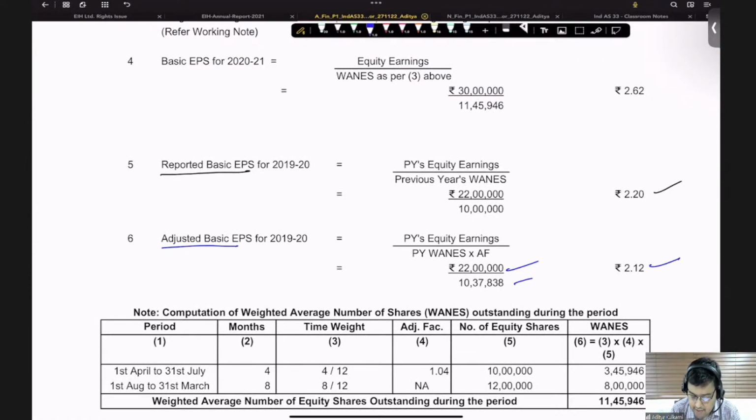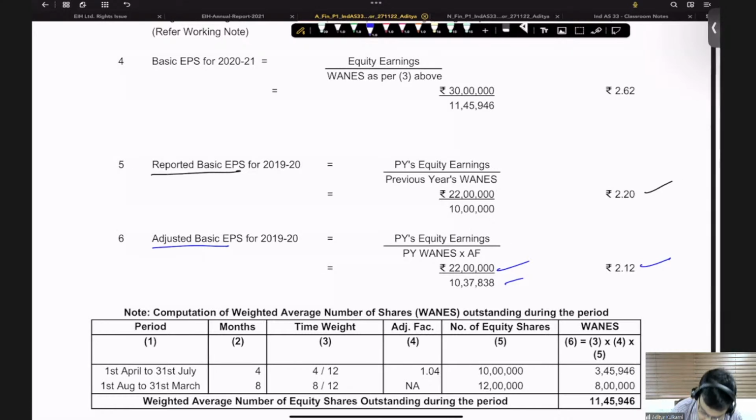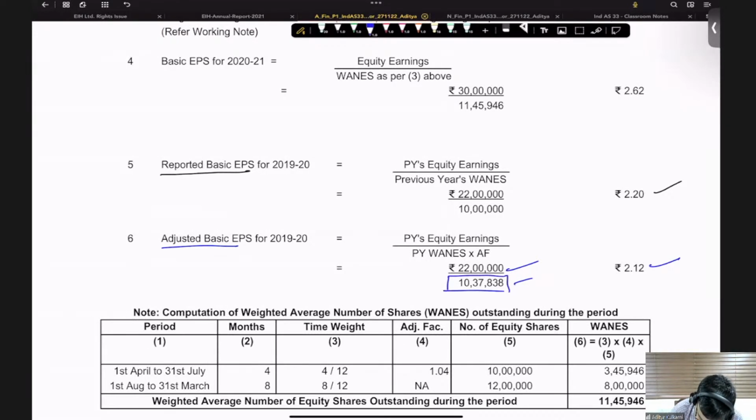Have you guys understood? Yes or no? Did you understand the restated EPS? Yes, Vishal has joined in. Have you understood the restated EPS? Did you understand this figure? I am right now concerned with that figure only. I am not concerned with anything else.